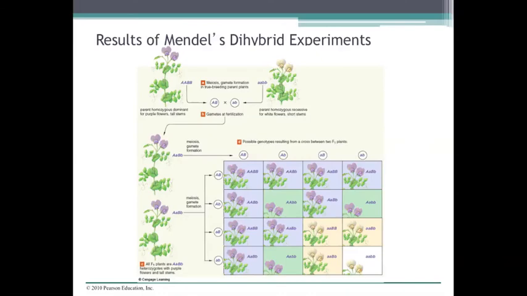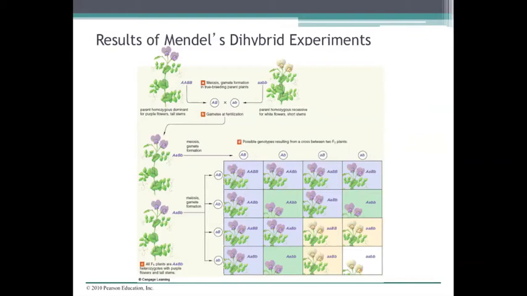Okay, now this cross is a dihybrid, which means we are looking at 2 traits instead of just 1. When we did the monohybrid, we looked at 1 trait, like purple flower versus white flower. That was all the same trait, just different genes caused it.